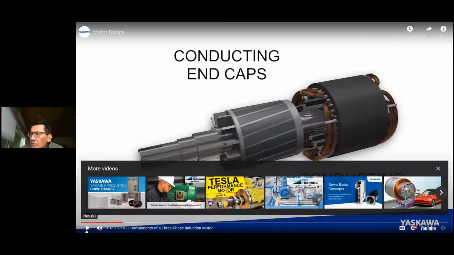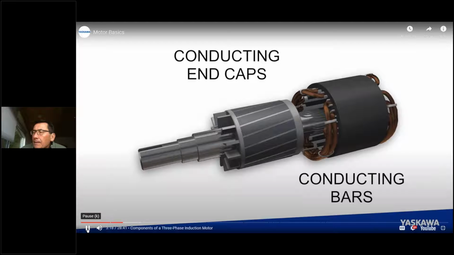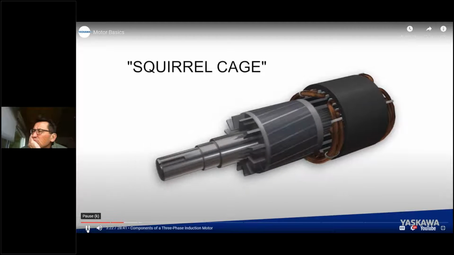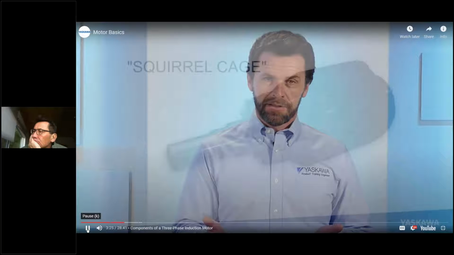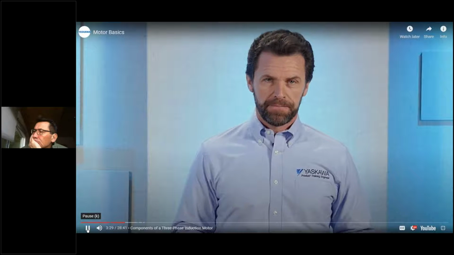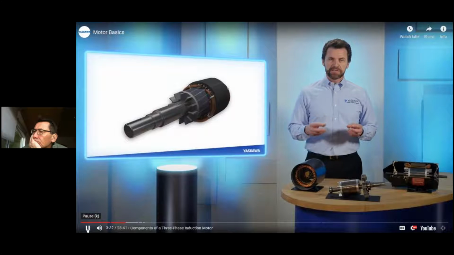So like I said before, those conductors that he just highlighted, which in this case happen to be aluminum, and the back iron, which are the laminated steel iron alloy discs. The result is a rotating cage that looks similar to a squirrel cage. That's why induction motors are commonly referred to as a squirrel cage motor. The rotor is attached to the motor shaft.